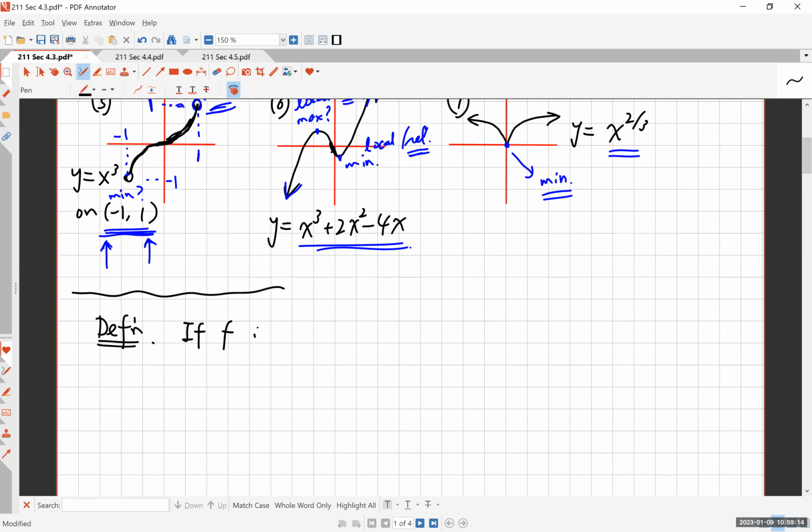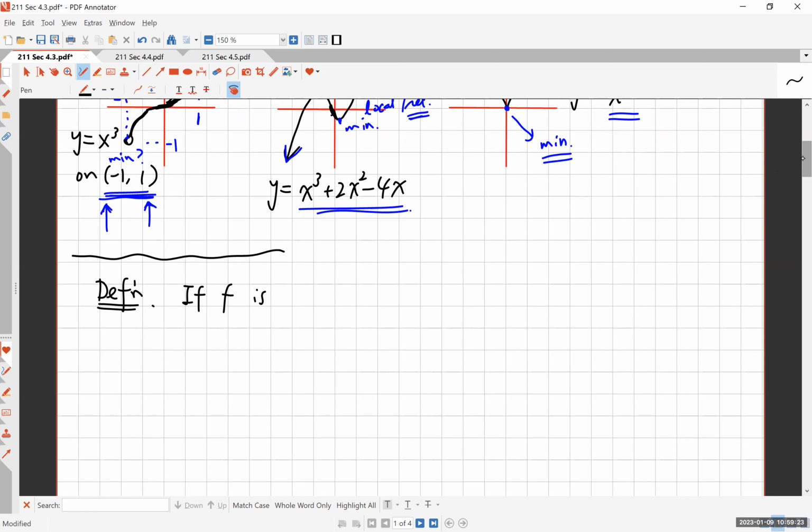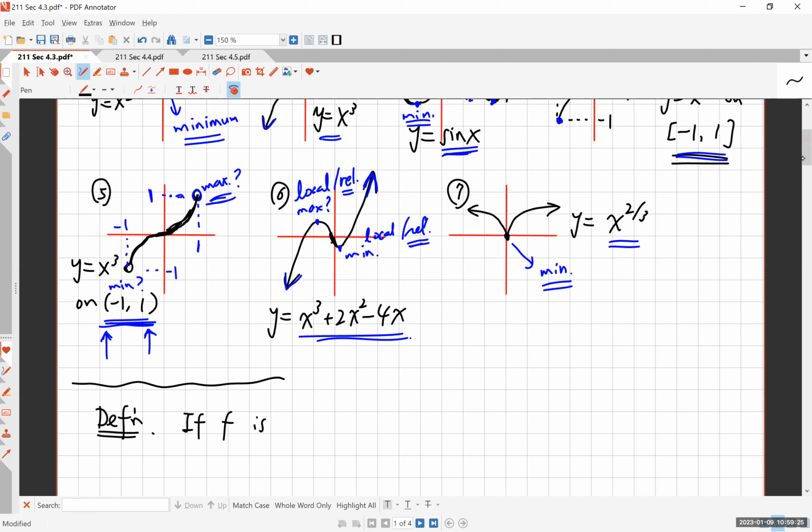Let's say f, and by the way, f doesn't have to be differentiable, right? We talked about how this has a sharp corner, which makes this function not differentiable at 0, but you can still talk about maximum and minimum independent of differentiability.